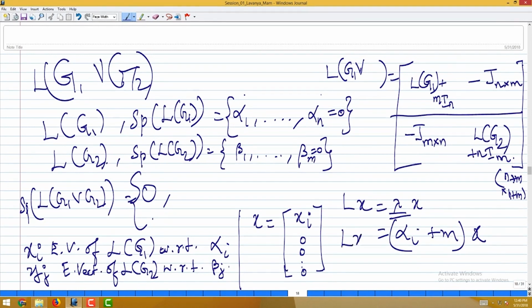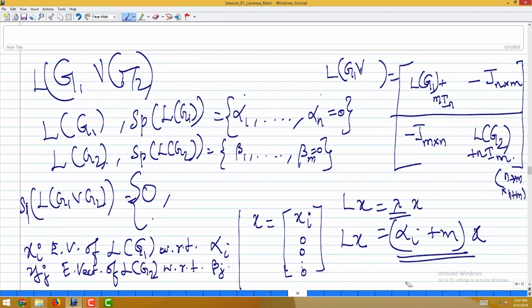Okay. So, if you look at Lx for this vector xi, if I take the ith eigenvector, I will get the corresponding ith eigenvalue of G1 plus m times xi. Okay. So, this is going to be one of the eigenvalues. So, as I vary i I will get all possible eigenvalues here up to n minus 1. Right.